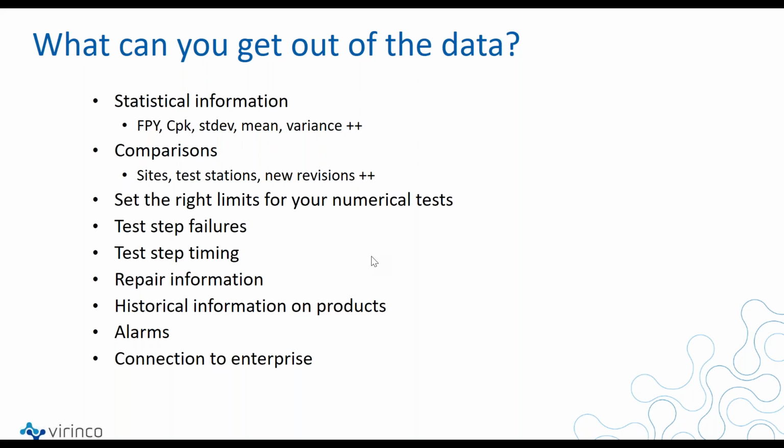We can help you understand the limits that you use in your numerical tests. There are Paretos available, so you see what causes a sequence to fail the most or what takes the most time. We encourage you to enter repair information so you can have a better view of the root cause.